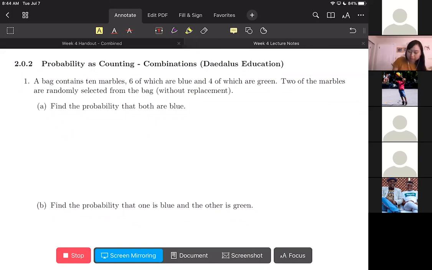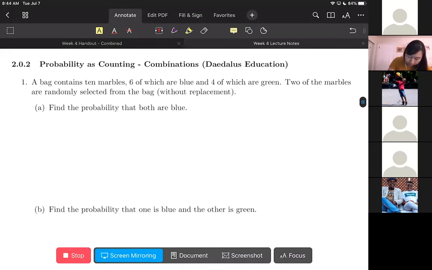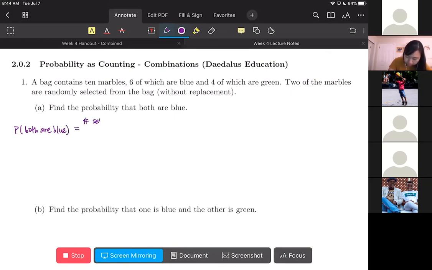I'll do an example first, and then we can do the other sub-problems together. If we want to count how many are both blue, we can recall that the probability both are blue equals the number of ways we can select 2 blue marbles over the number of total selections of 2 marbles.